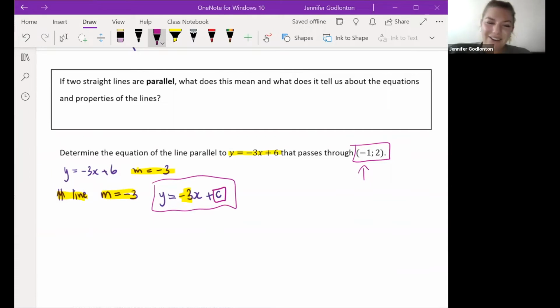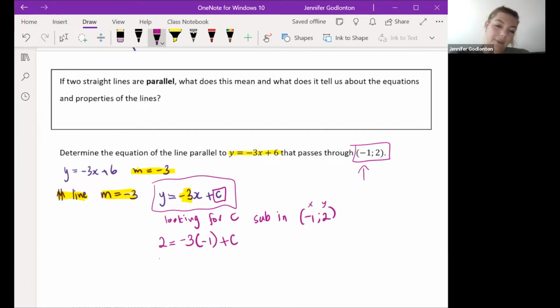Yes, good. So what we're doing here is we are looking for c. And when we're looking for c, we're going to sub in the point that our graph goes through. So it goes through -1 and 2. Remember, this is x and this is y. So we're going to say 2 is equal to -3 times -1 plus c, which means 2 is equal to +3 plus c.